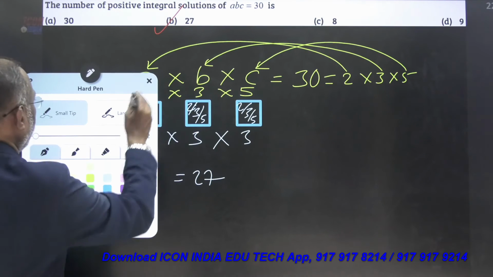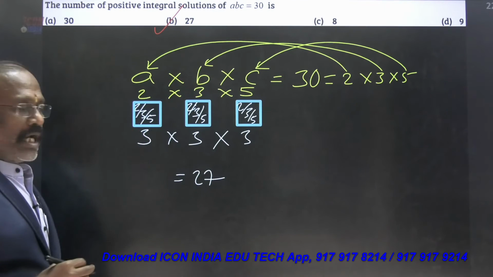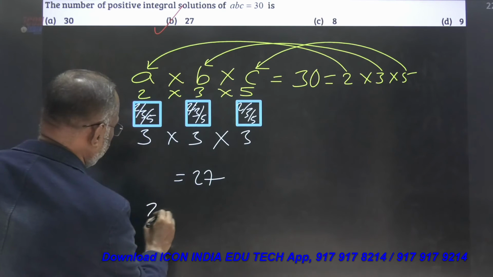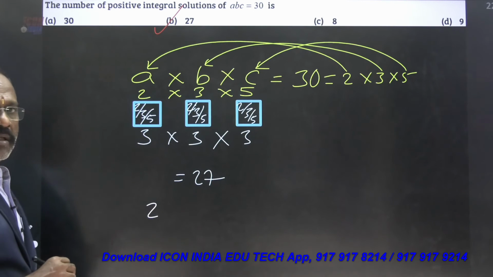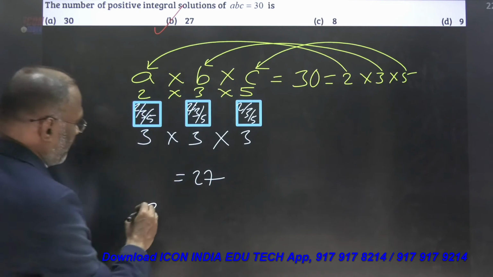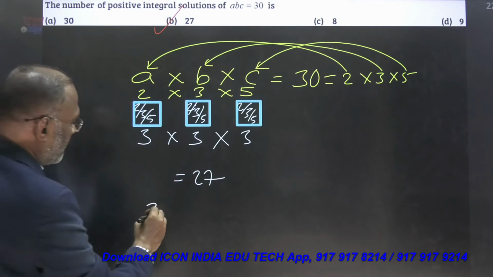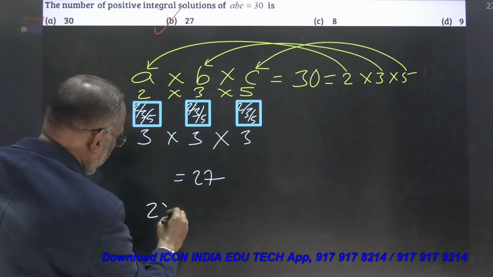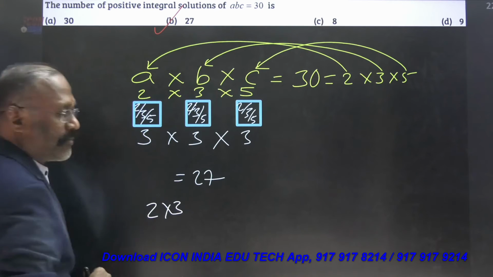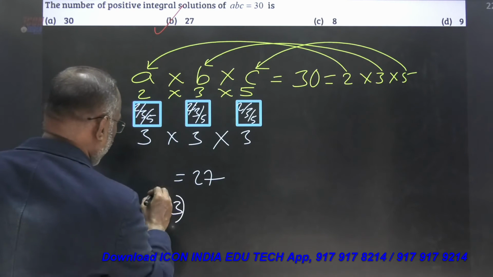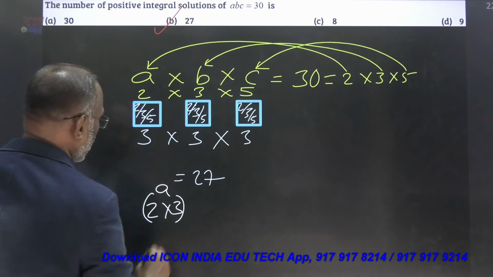See, to clear that doubt, the first blank place you filled with 2. The second blank place also filled with 3. This is the value of A now.